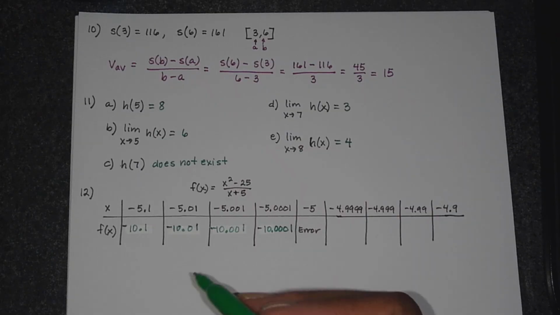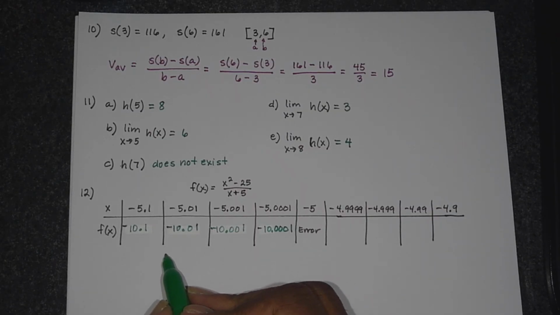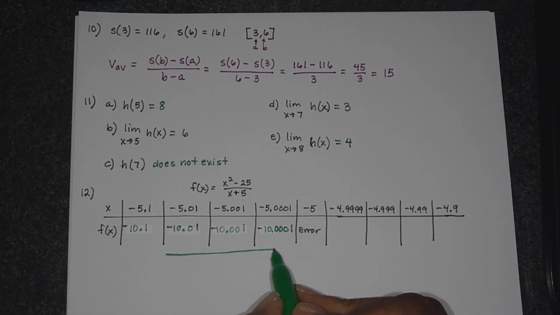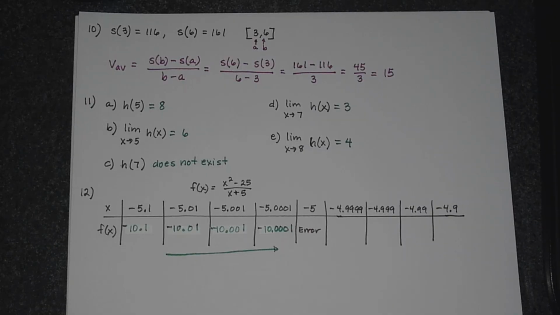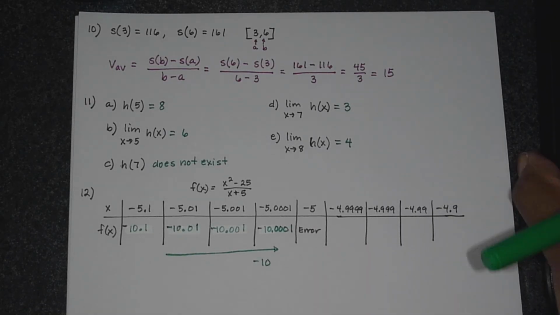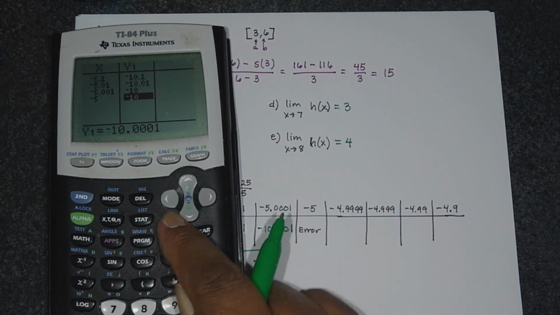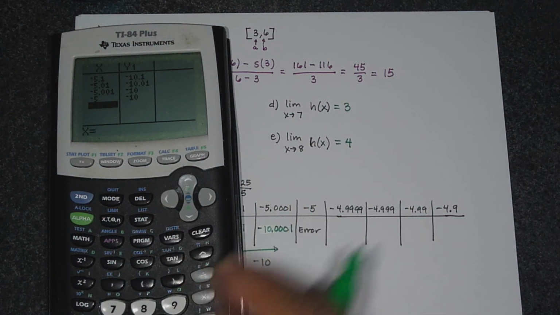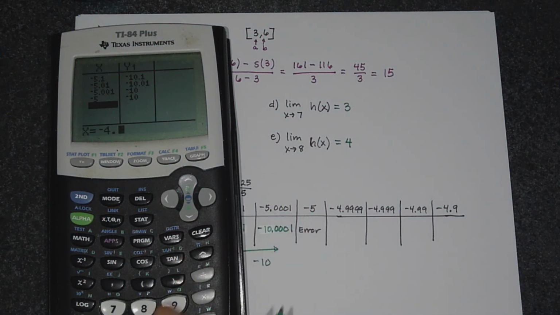Now let's look to the left of negative 5. As we come in from the left of negative 5, what value are we getting closer and closer to? Negative 10.